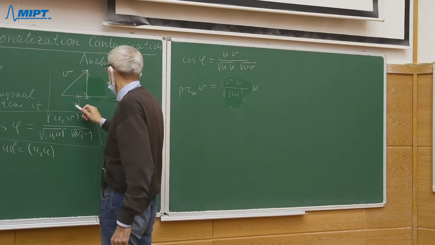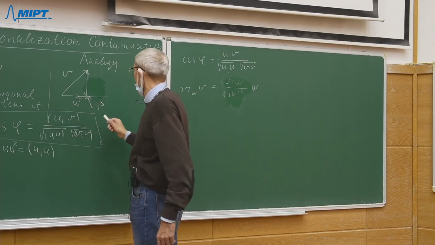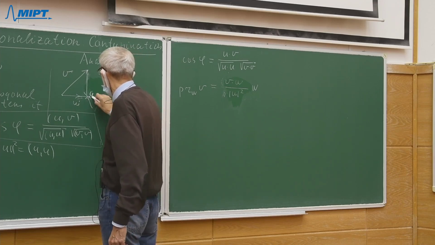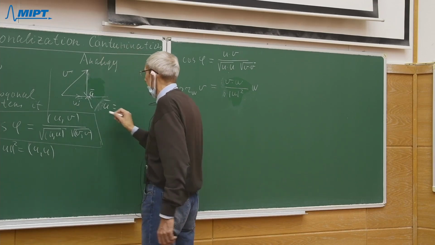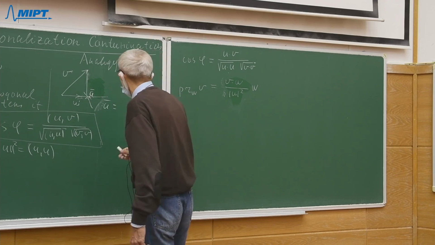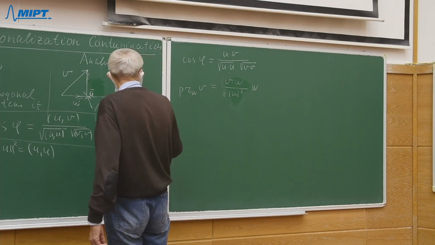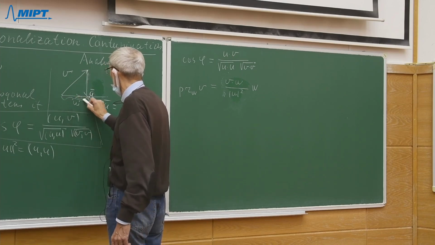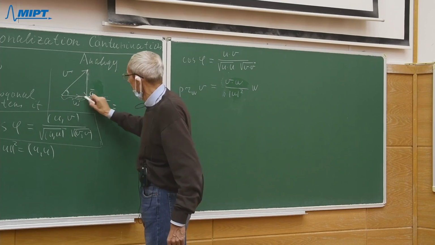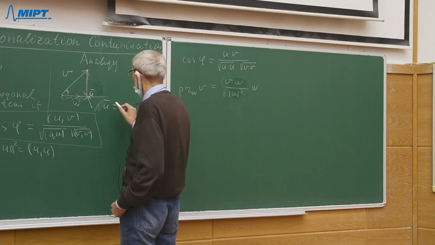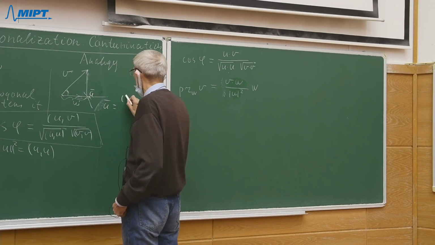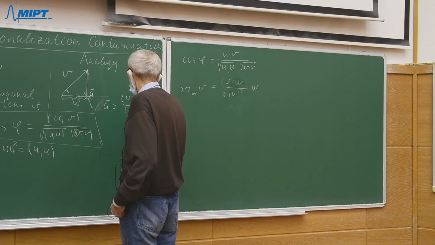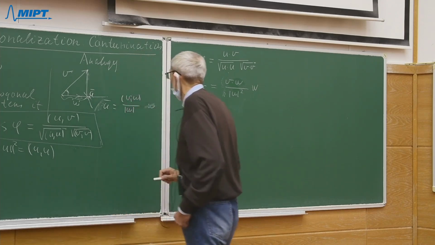We have on the picture the vector A. The length of this projection on this segment is exactly equal to the ratio of the scalar product of vectors vw divided by the length of the vector w.